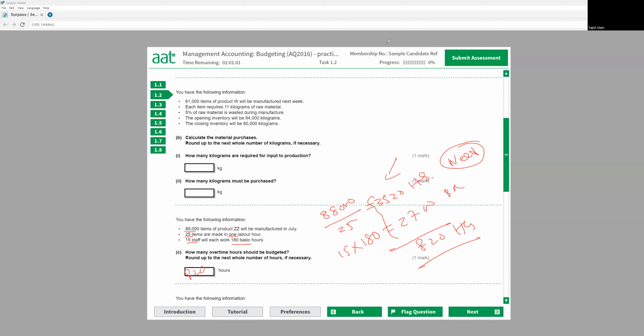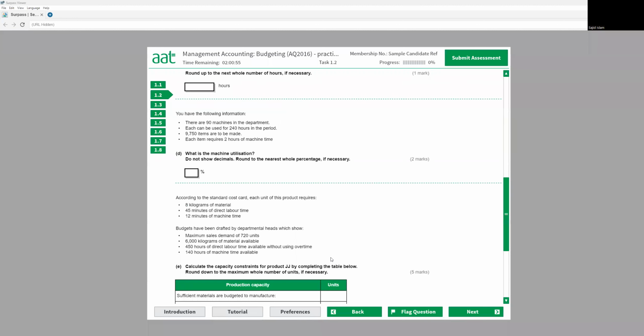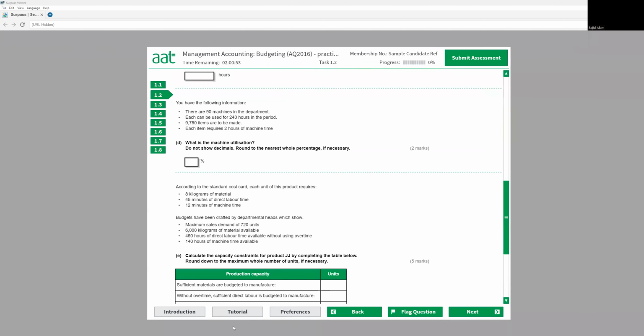All right, let's move to the next one. The next one we have here says: we have the following information. There are 90 machines in the department. Each can be used for 240 hours in the period. 9,750 items are to be made.